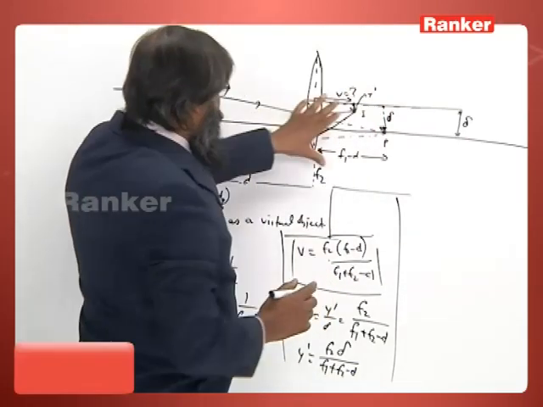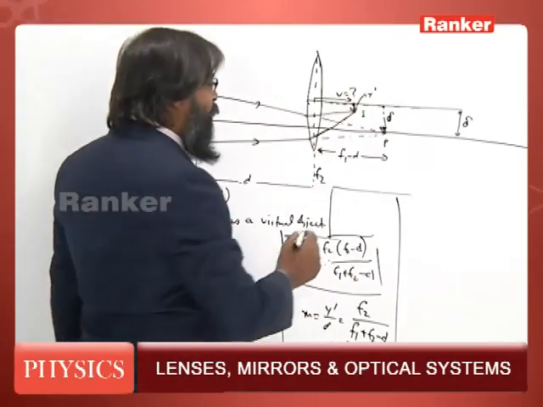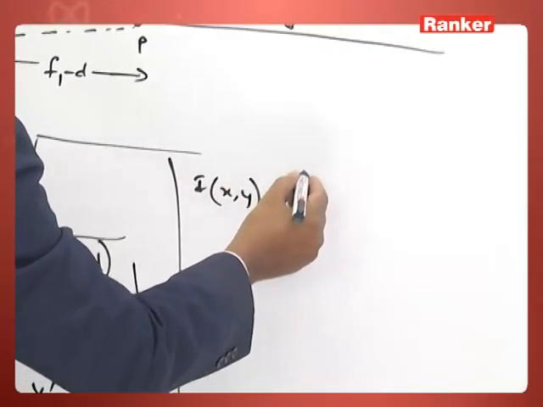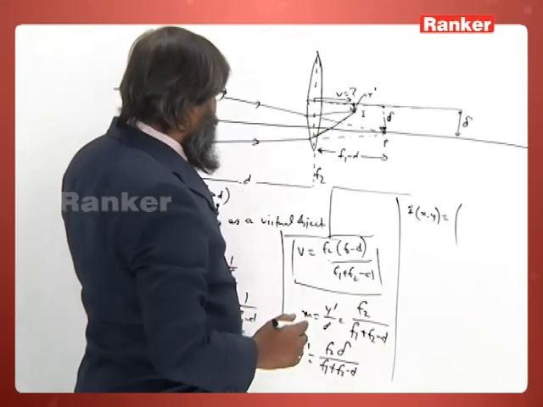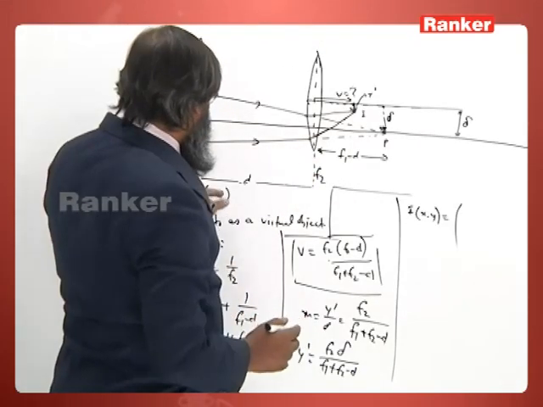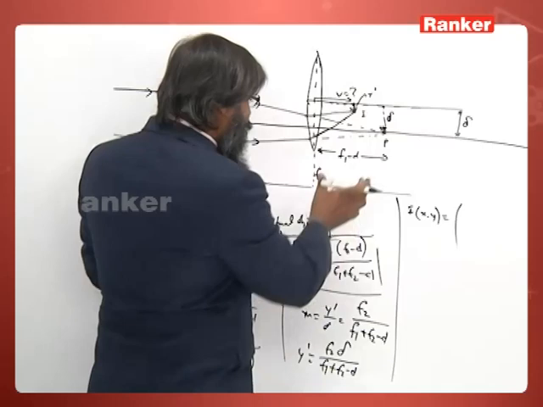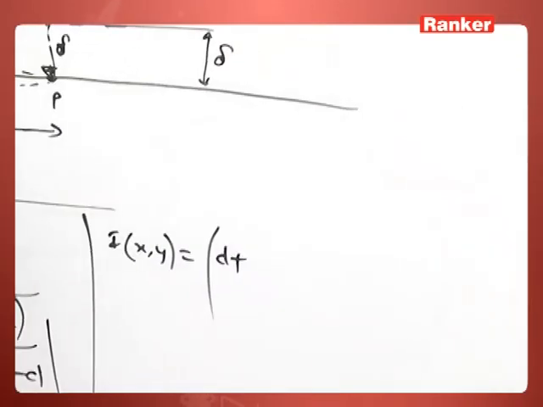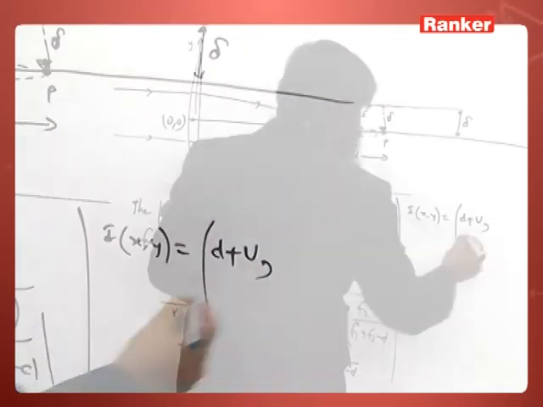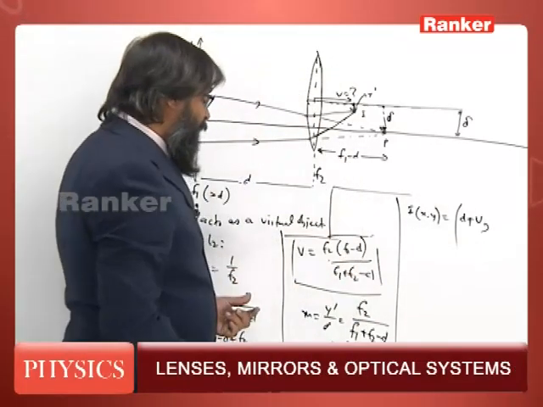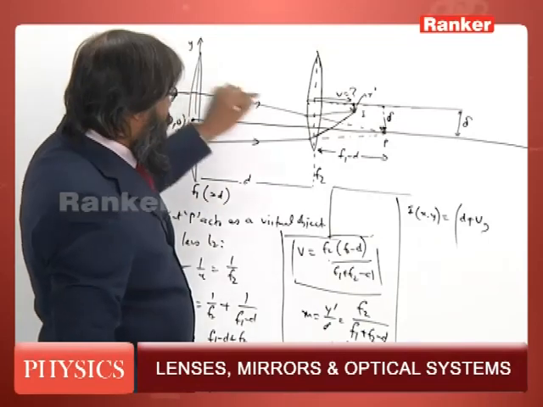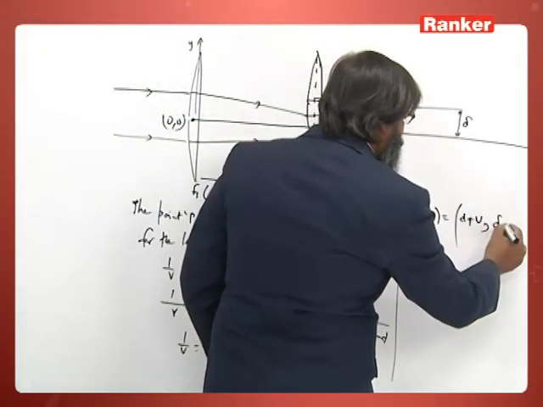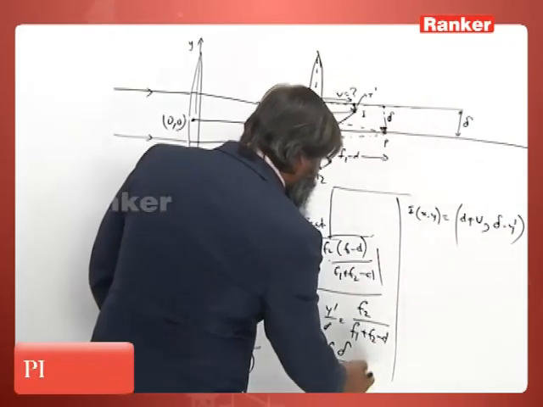So you see, now I have got the coordinates of I. The coordinates of I are given by x, y, whose x coordinate is d plus v, I will write simply v as this much, and its y coordinate will be delta minus y dash, where y dash is given from this.